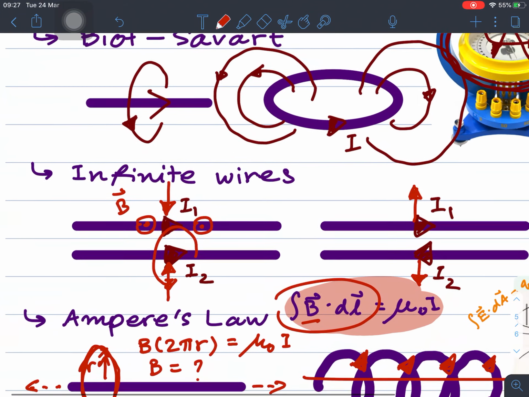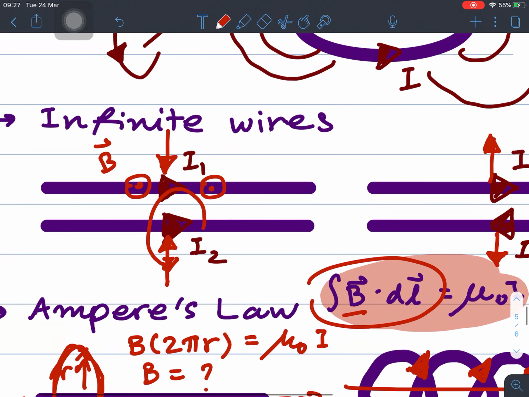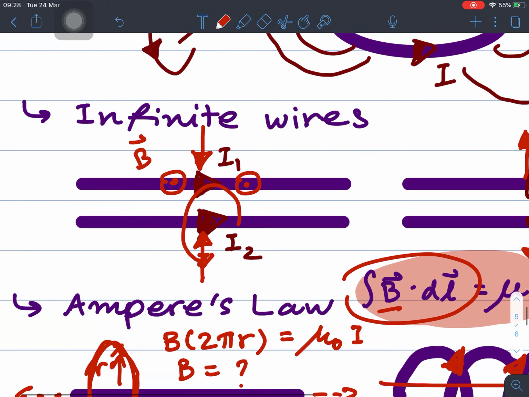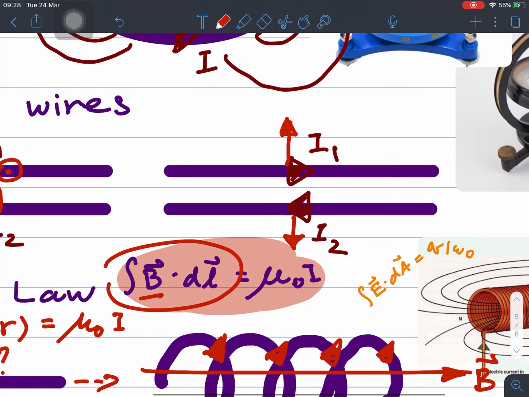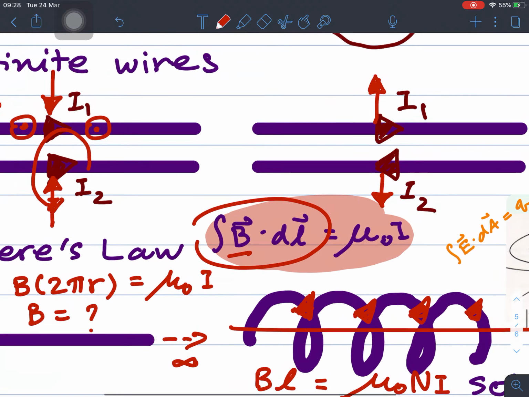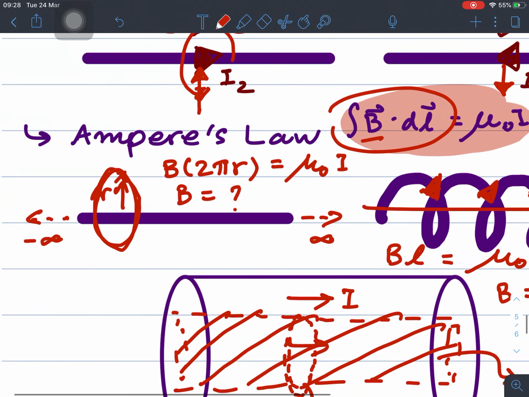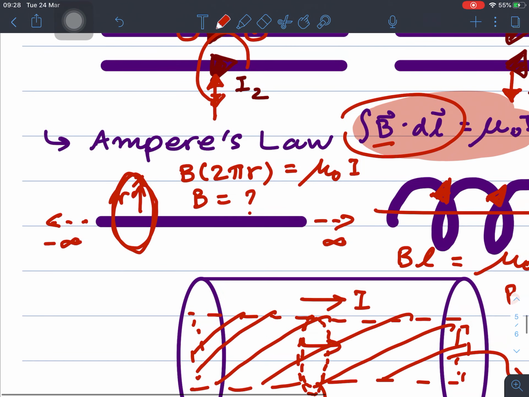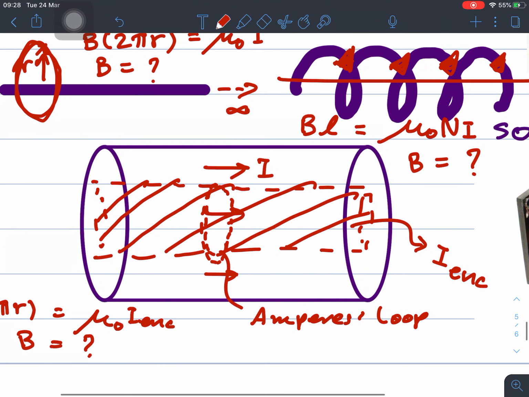And then we consider infinite wires: what if we put two wires, one case with the current parallel, and another case with the current anti-parallel. Then we consider Ampere's law, in which we consider cases such as an infinitely long electric wire, a solenoid, and a thick wire, and try to calculate the magnetic field inside and outside.